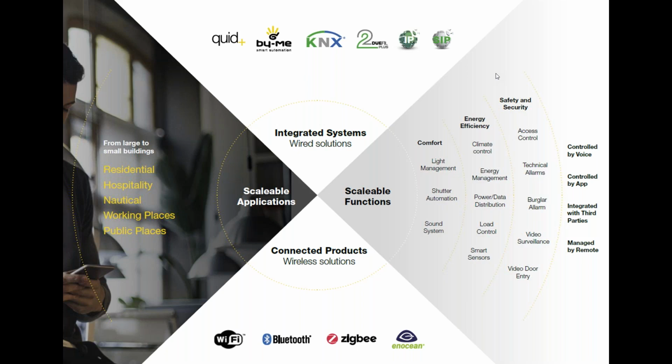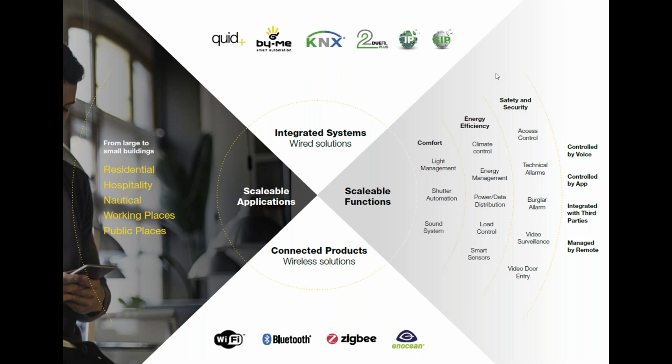So, solutions with wires, for instance the ByMe, the Connecte, that is a worldwide standard, while ByMe is our easier solution than KNX. Due fili and IP and SIP for the video door entry system side, where we also have scalable solutions from the small apartment to the big buildings.